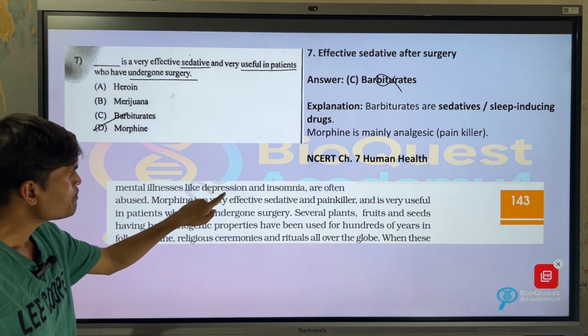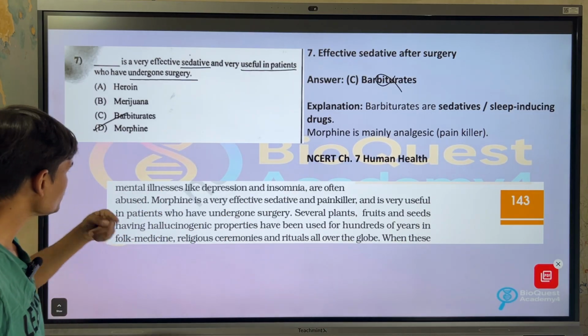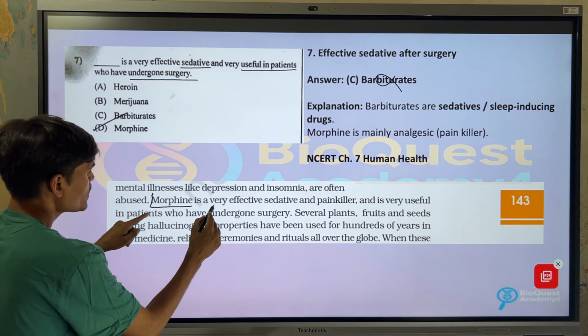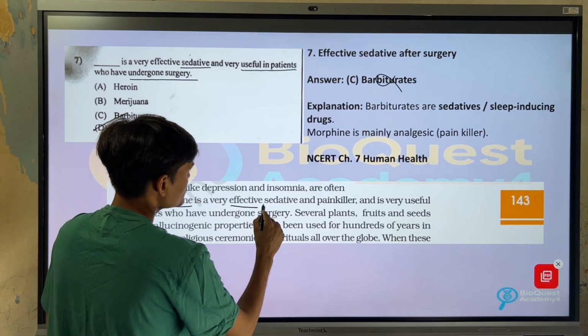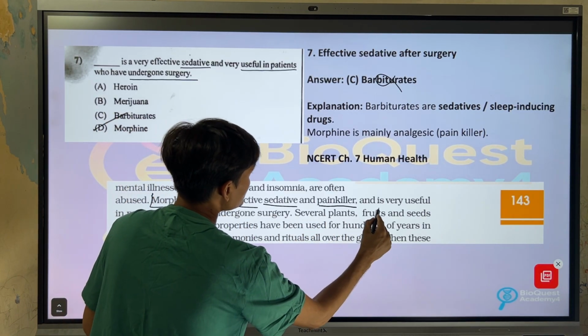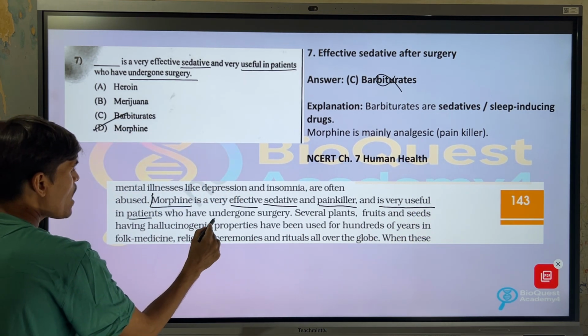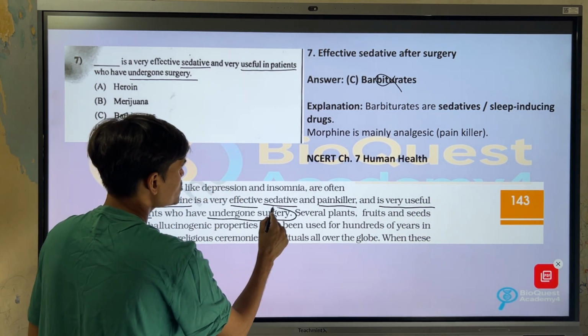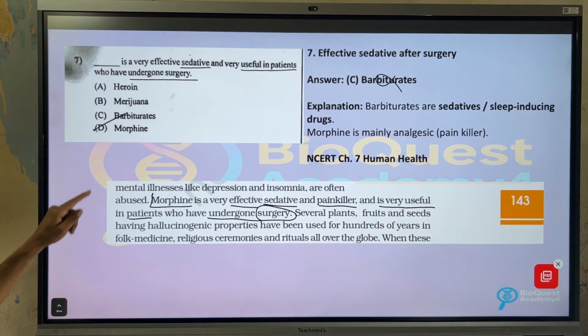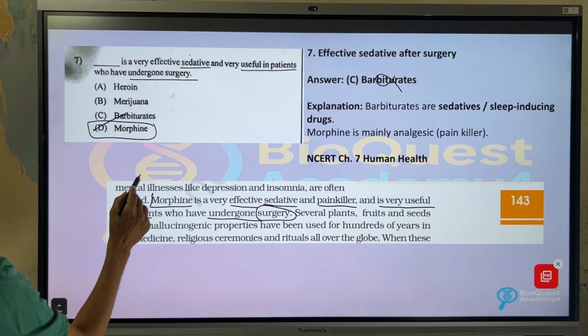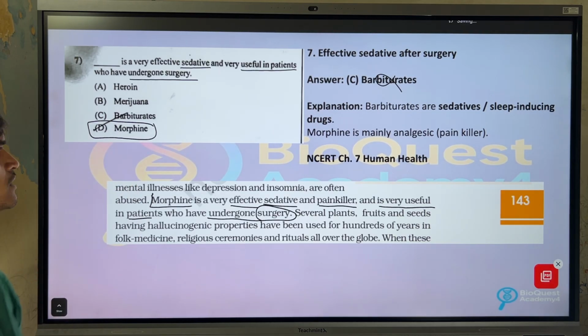Mental illnesses like depression and insomnia are often abused. Morphine is very effective sedative and painkiller, and it is very useful in the patients who have undergone surgery. That means the answer is morphine. Where is the morphine? D. Option D is your answer.